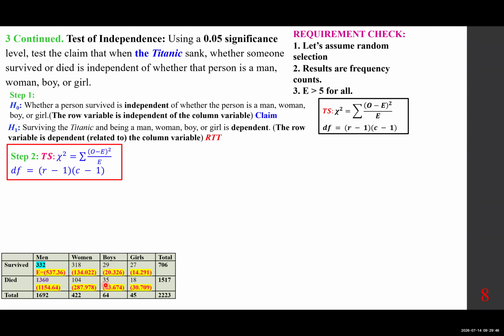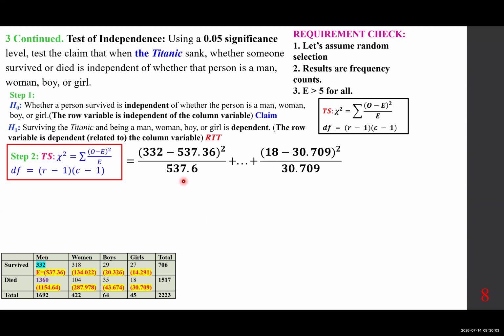We do the same thing all the way to the last one, plus (18 minus 30.709) squared. And in each case we divide by its own E. So the first one is divided by 537.36, the second by 134.022, and the last one by 30.709. You do the math and you end up with 507.084. That is the test statistic.